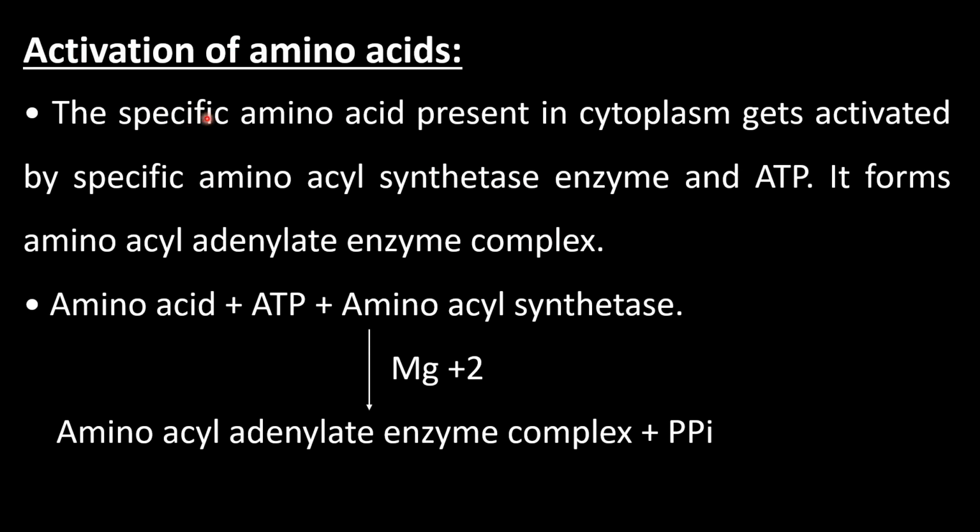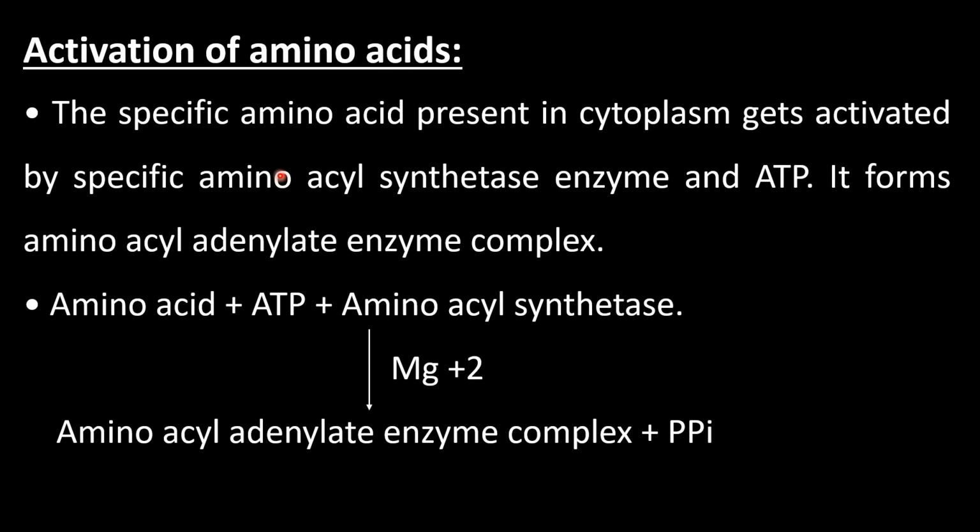The specific amino acid present in the cytoplasm gets activated by a specific amino acid synthetase enzyme and ATP. It forms an amino acid adenylate enzyme complex. So amino acid plus ATP, the enzyme is amino acid synthetase, in the presence of magnesium, will form the amino acid adenylate enzyme complex. So the first step is activation of amino acid.